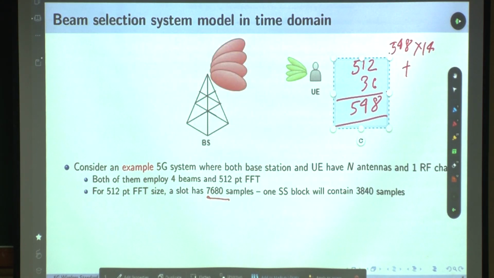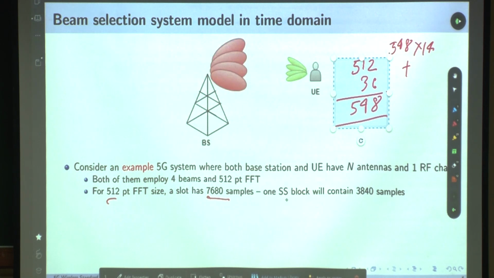Sorry, it was 36 CP samples for each symbol. That makes it 548 plus 8 additional samples for the first symbol. That's what will make it 7680 samples, because we know that the first symbol will have some additional samples.